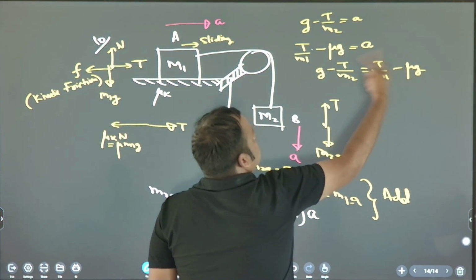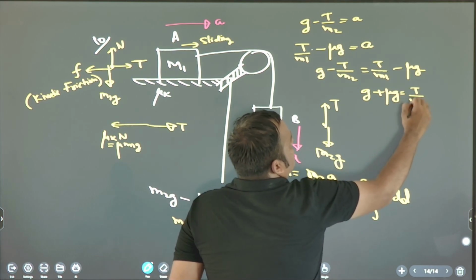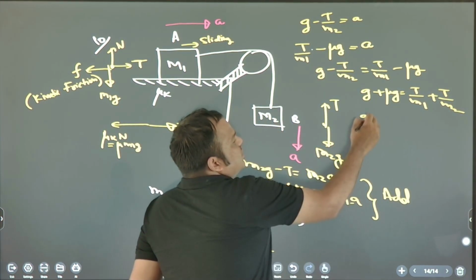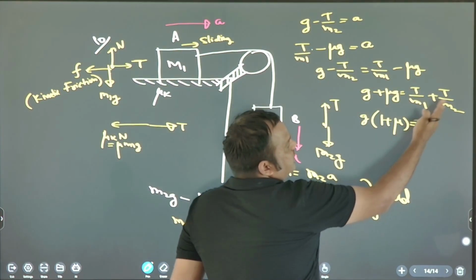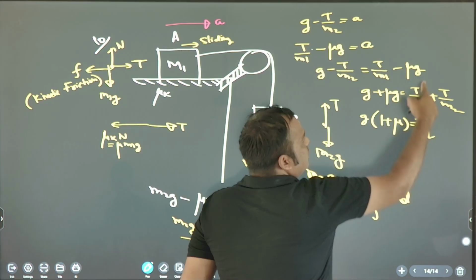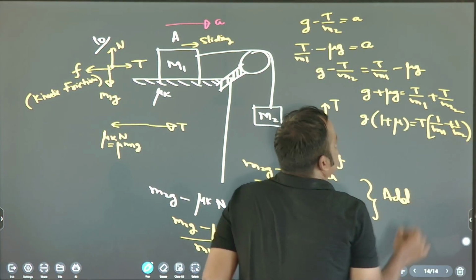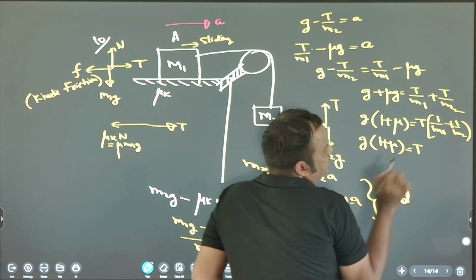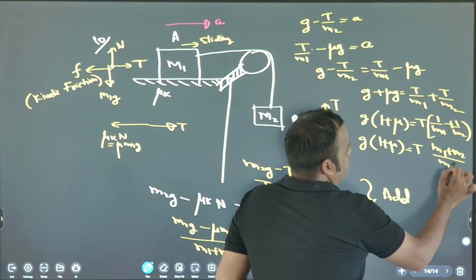Take minus mu g to the left side. So g plus mu g is equal to T by m1 plus T by m2. So g common, 1 plus mu. Now take T common, 1 by m1 plus 1 by m2. So g into (1 plus mu) equals T into (m1 plus m2) by m1 m2.